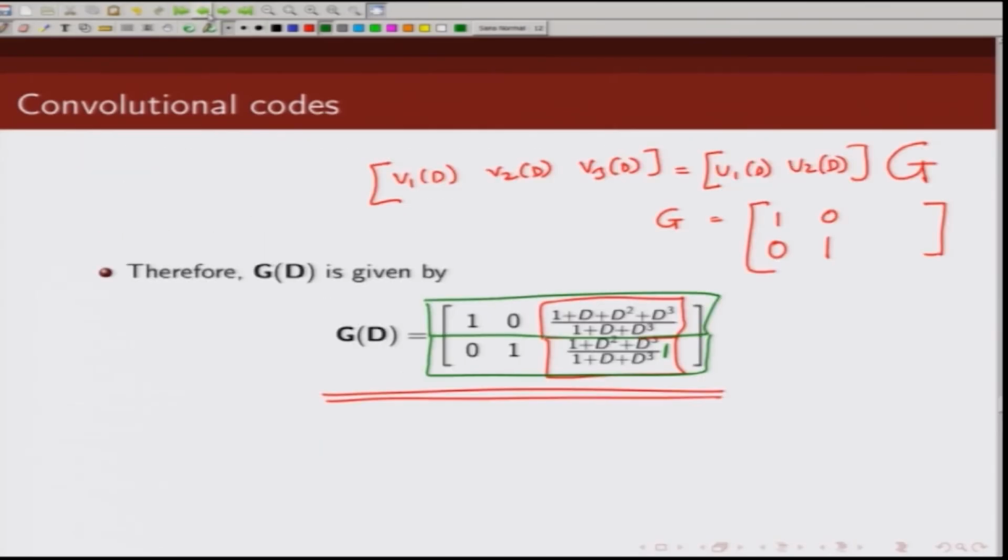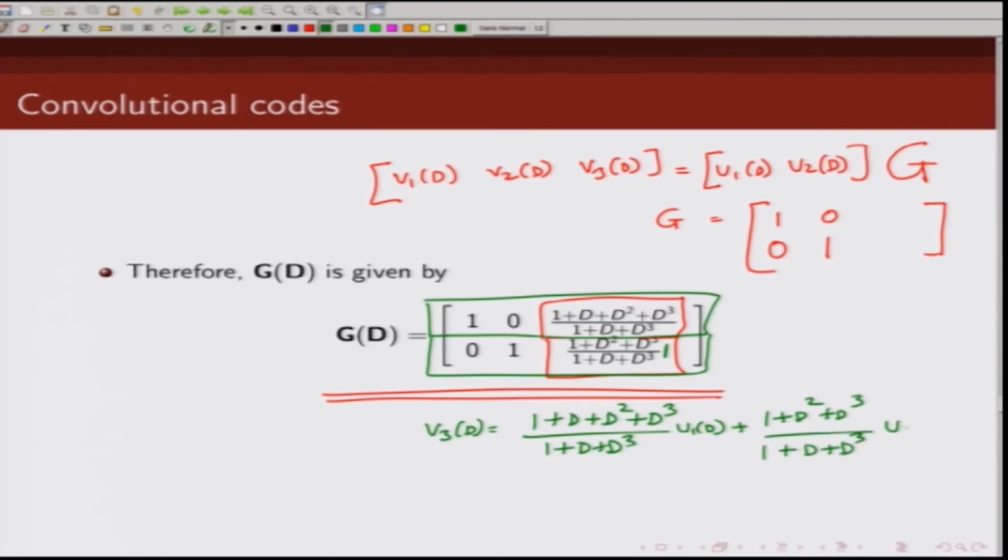Now, what is V3d? V3d is (1 plus d square plus d cube) divided by (1 plus d plus d cube) times U1d, plus (1 plus d square plus d cube) over (1 plus d cube) times U2d, right. So, the relationship between V3 and U1d is given by this.